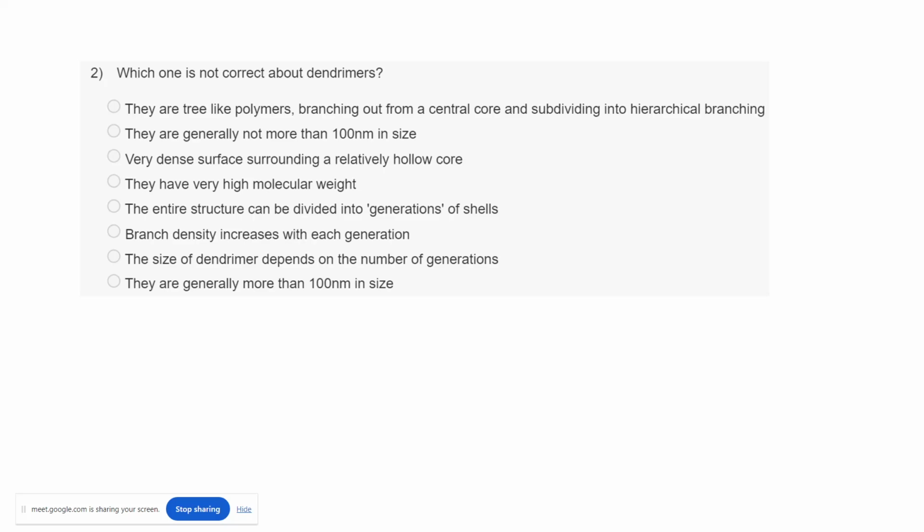Here there is only one correct option. Which of these options do you think is not correct about dendrimers?